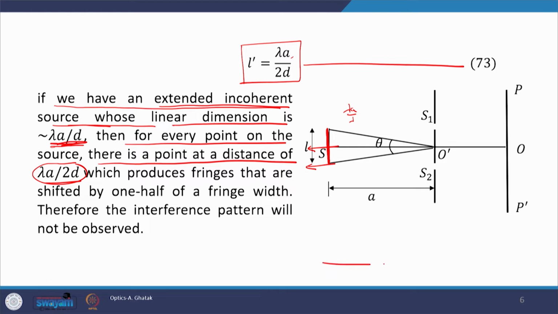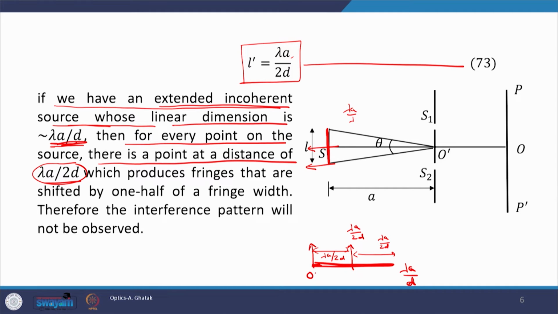Let us do it here. This is the source. Here it is 0, here it is lambda A by d, and here we pick another point which is at a distance lambda A by 2d from the first extremity. This distance is lambda A by 2d, and this distance is also lambda A by 2d.